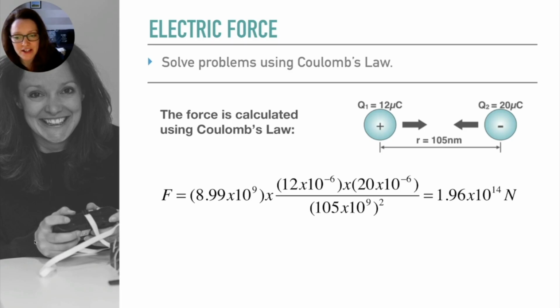So 105 times 10 to the minus 9, that should be, squared. Don't forget to square it. And the force comes out at a massive 1.96 times 10 to the 14 newtons. Very simple, popping in the numbers, being careful of the magnitudes, and you come out with an answer.